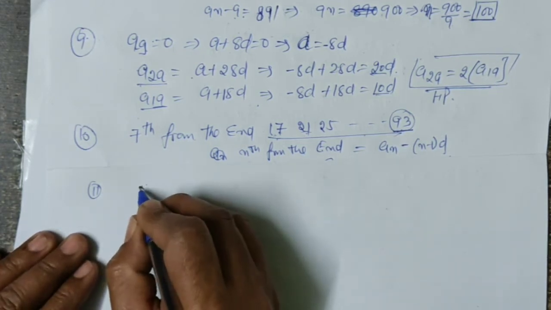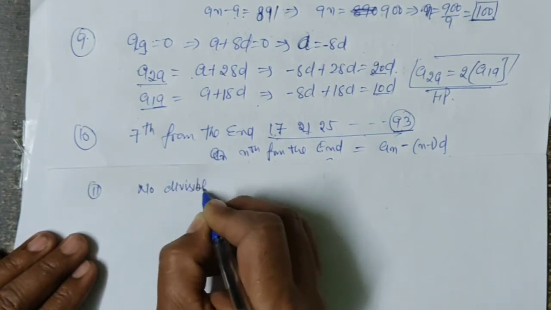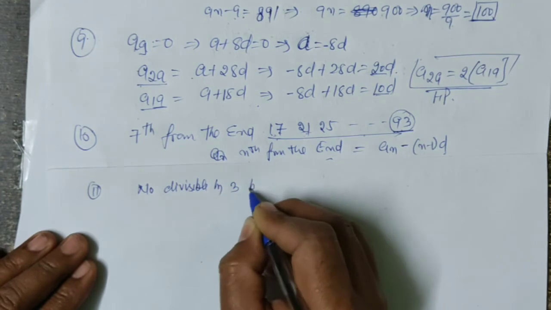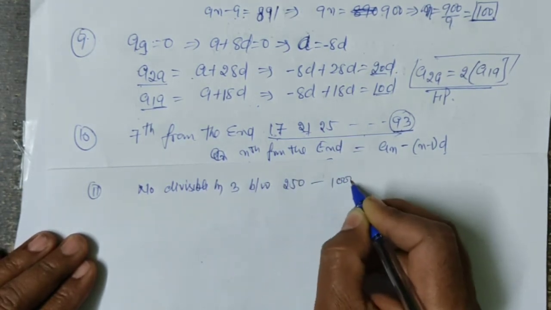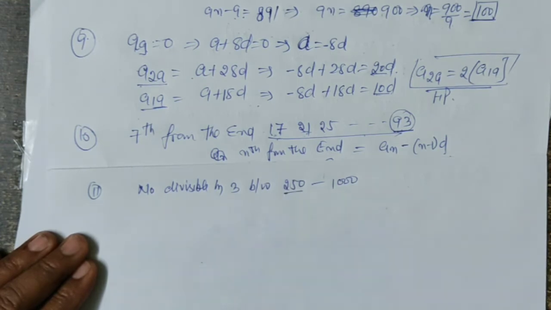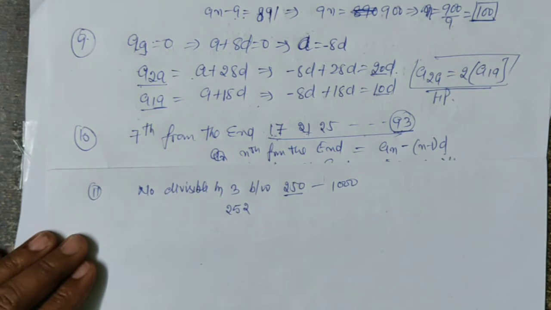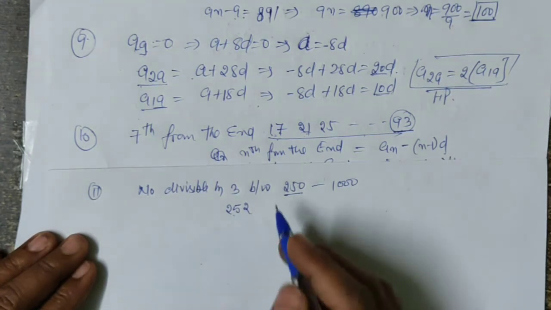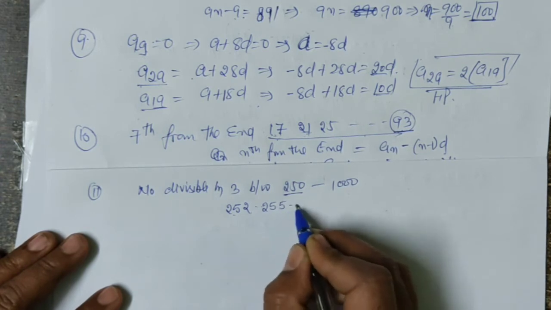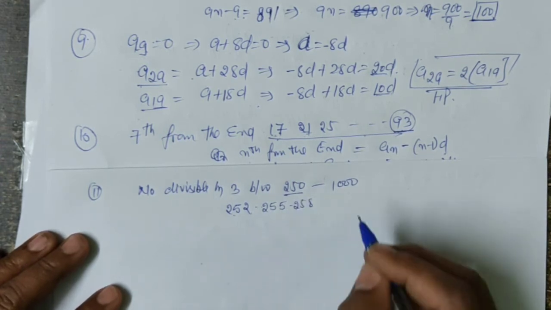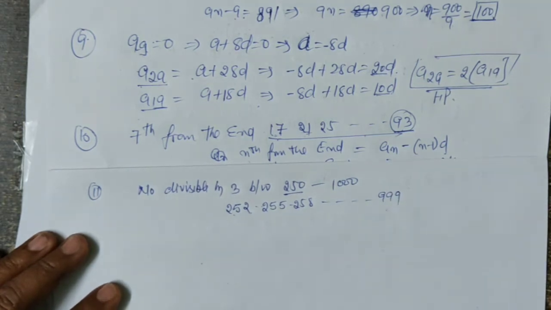The numbers divisible by 3 between 250 and 1000: the first one will be 252. Okay, this is divisible by 3. Then 255, then 258, and so on. The last one is 999. Now we have to find the sum.